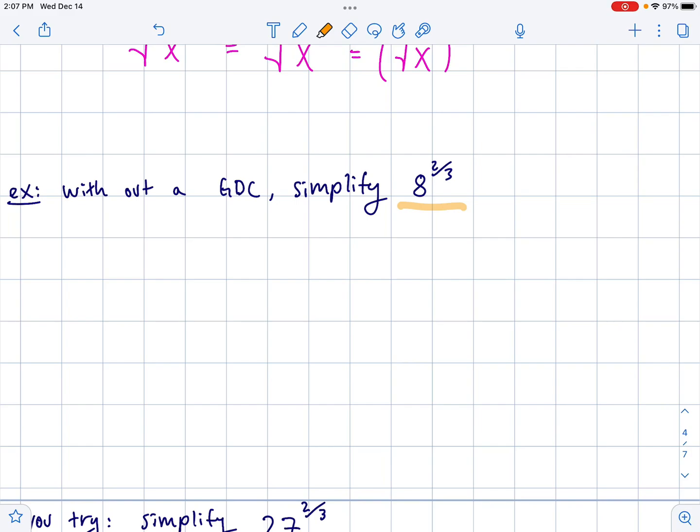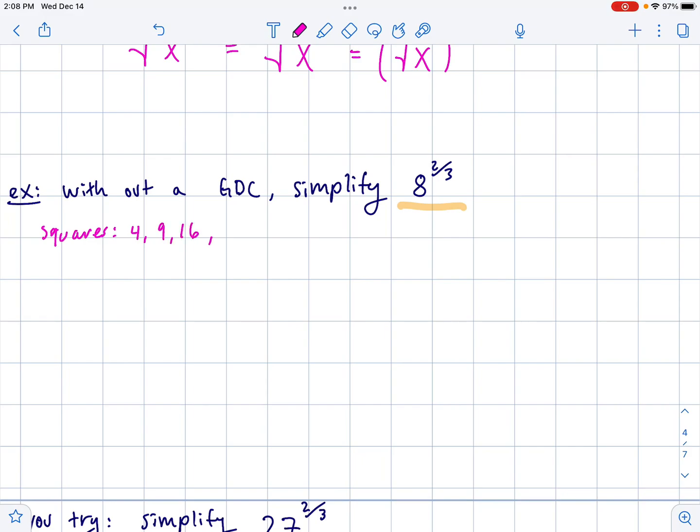Next example, without using a GDC, so don't grab your calculator, we're going to simplify 8 to the 2/3. Well, one thing you need to recognize is something I call hot numbers.